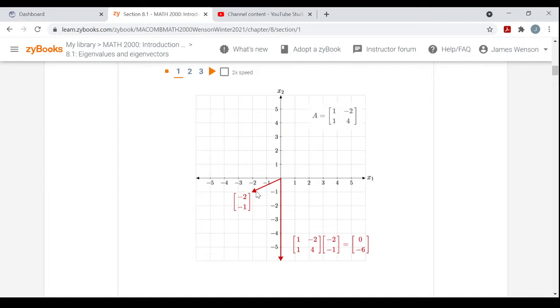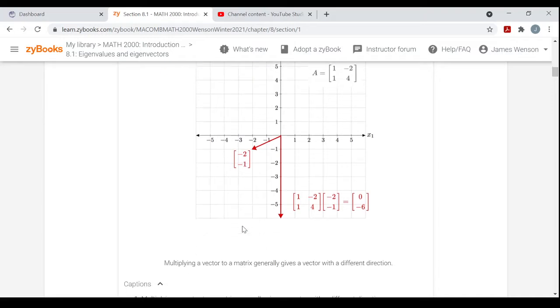Here's a vector in R2, -2, -1, left 2, down 1. If you multiply A by this vector, the resulting vector is 0, -6, which points in a completely different direction than -2, -1.